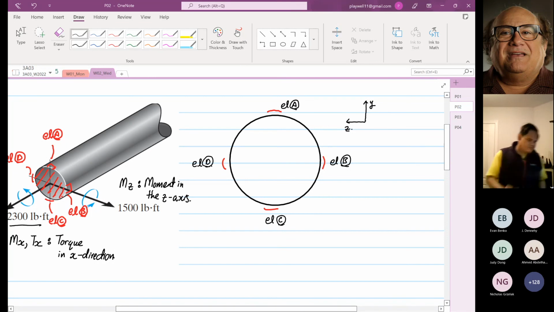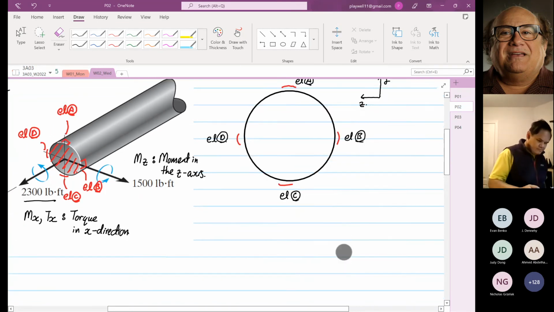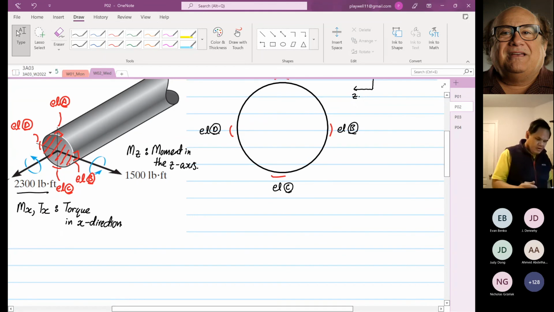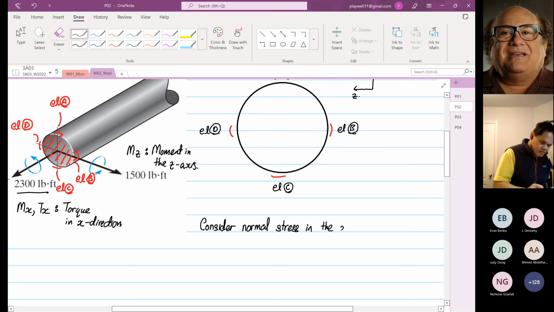Now let's consider axial loading. Let's do analysis of normal stress in the x direction.